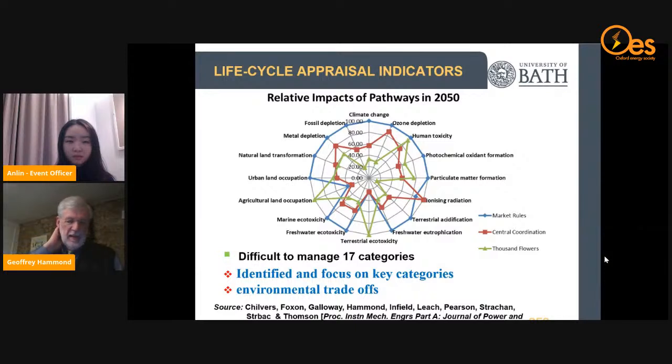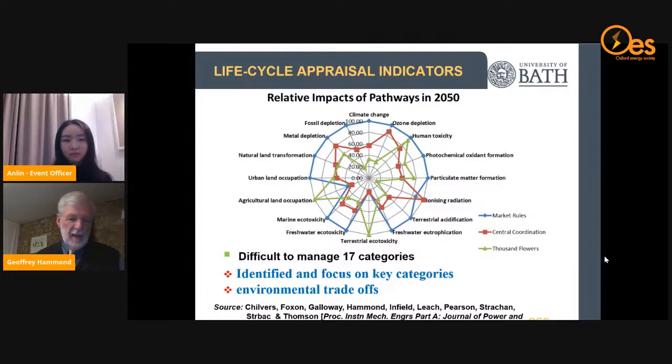Now, I said in my opening remarks that we need not just to worry about carbon dioxide. Clearly, carbon dioxide is the most important driver. Climate change is underpinning most of what we're doing in terms of the energy sector, but there are lots of other environmental impacts of energy technologies, particularly electricity technologies. And so here we've got a spider diagram which shows 17 different categories of impacts that different technologies might have.